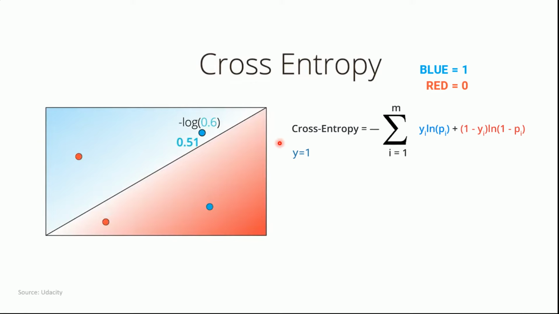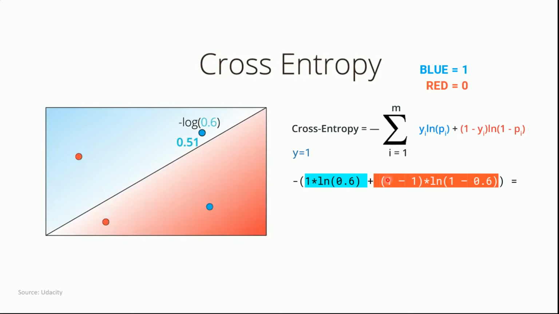We have y equals 1, so we multiply our y by the logarithm of our percentage. And then we add 1 minus y with the logarithm of 1 minus our percentage, in the case it is red, right? So let's look at this. This will give us logarithm of 0.6 multiplied by 1.